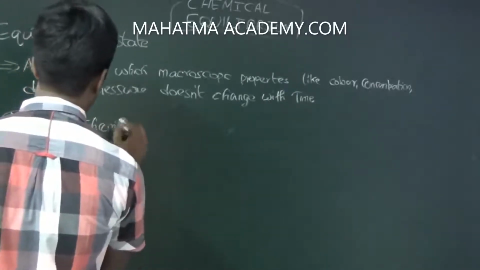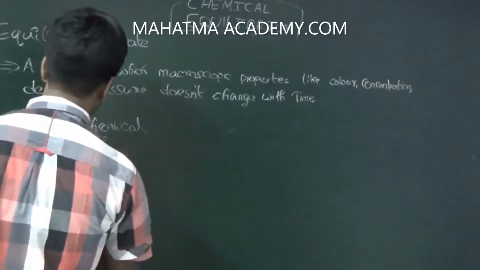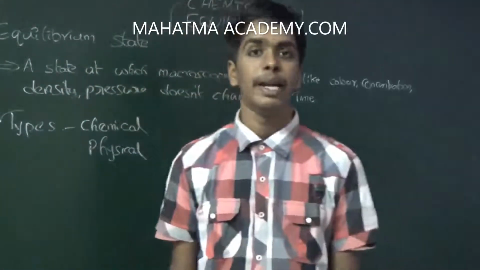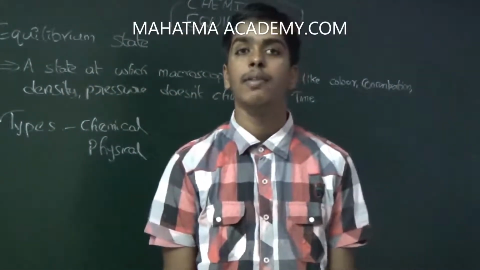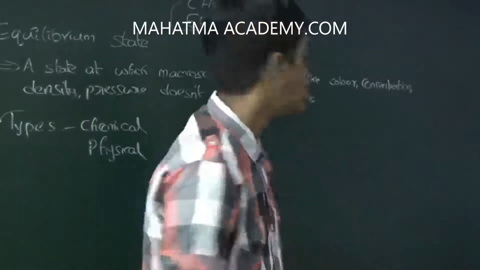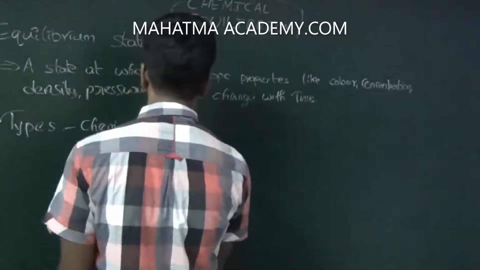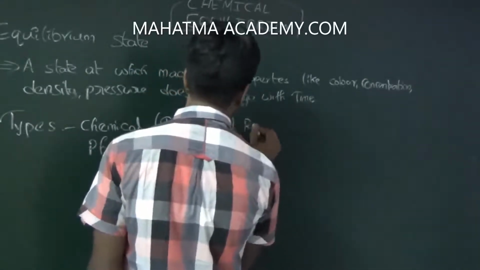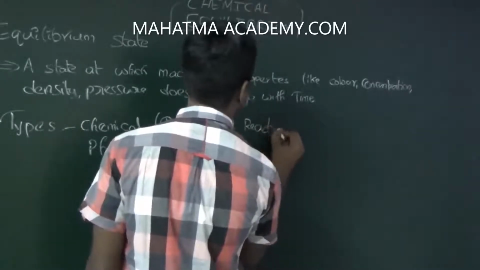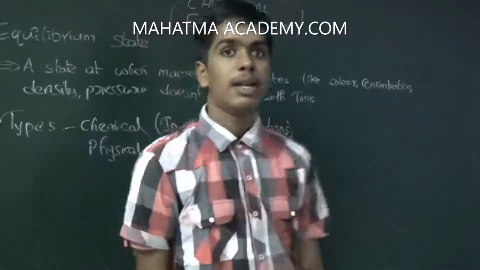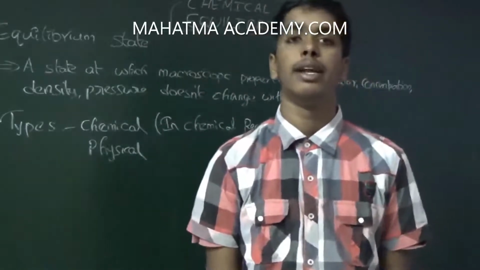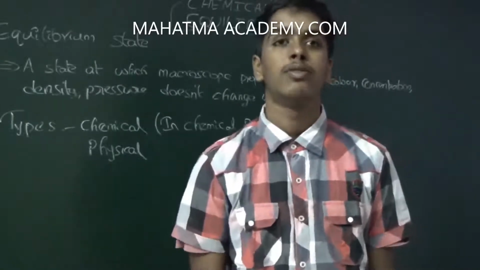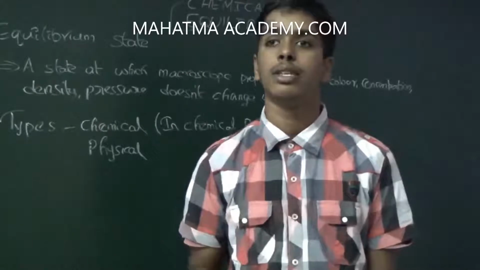Chemical equilibrium is the equilibrium state in chemical reactions. Physical equilibrium is the equilibrium state at which there are physical states. For example, between solids and liquids there is an equilibrium.